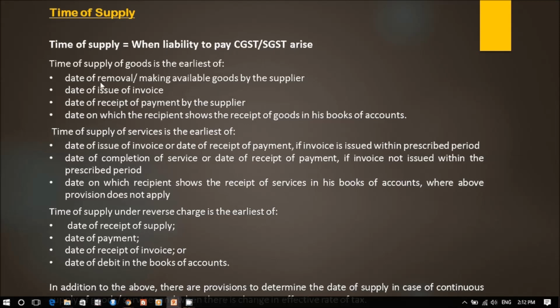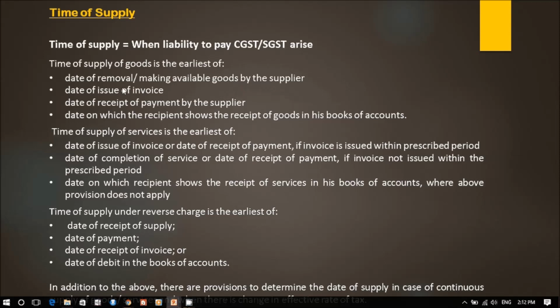So these two things have to be considered. If goods are required to be moved, you check the first condition, and if goods are not required to be moved, you check making available goods by the supplier to the recipient. When the recipient has access to the goods, it has been made available to the recipient.